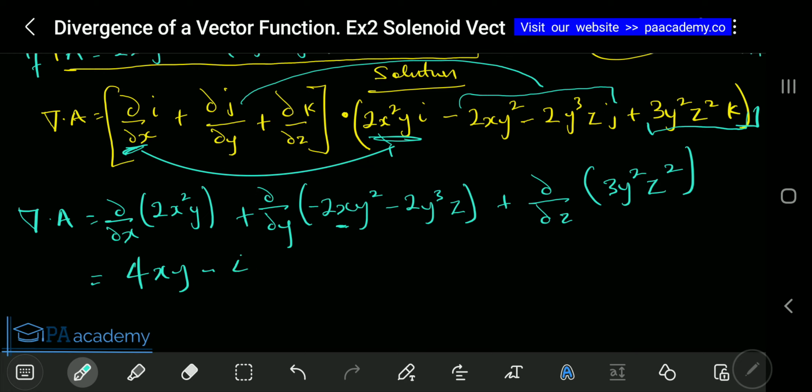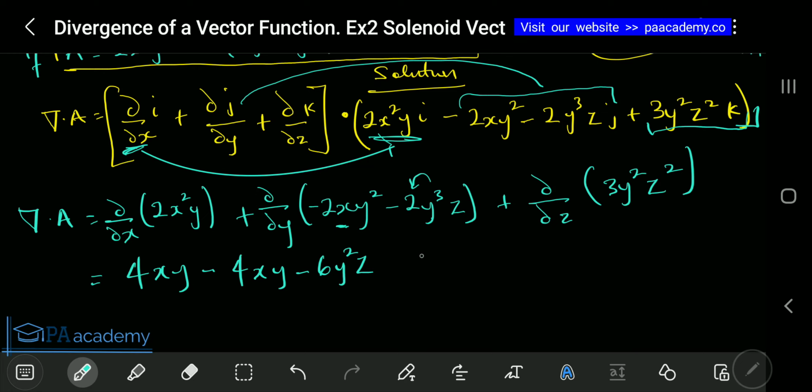So that will be minus 4xy. Then if you also differentiate y cubed, that will give us 3y squared. So if the 3 should come in front with this 2, it's going to give us minus 6, so you're going to be having minus 6y squared z. Exactly. So I want to believe you won't have a problem with this if you have been following the previous set of videos. We've touched this extensively.